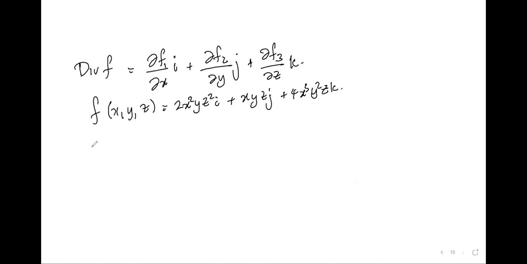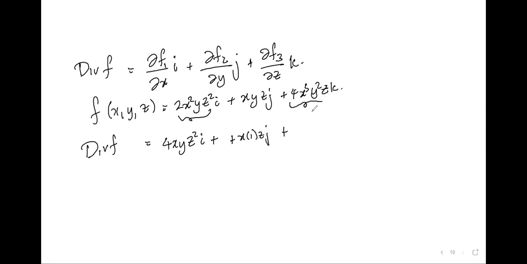All right, so what we're saying is that we're going to take the derivative of the first term with respect to x. This is going to give me 4x, and we'll put back everything, y z squared i. And then the second term we're going to differentiate with respect to y, so that's going to give me plus x times 1 times z j.